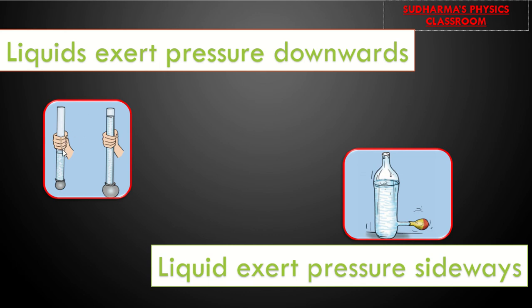When you pour water into that, you can see that the balloon starts bulging. If you pour only a small amount of water, the bulging will be less. If you pour more and more water, you can see the balloon expanding bigger. Initially the pipe was open and contained air, and we are pouring some liquid, that is water.